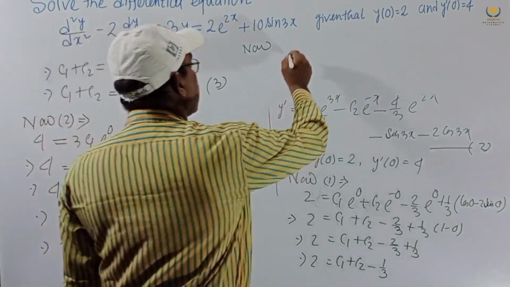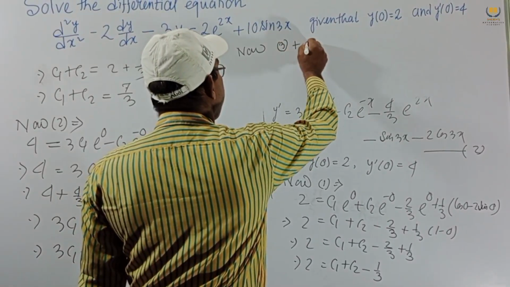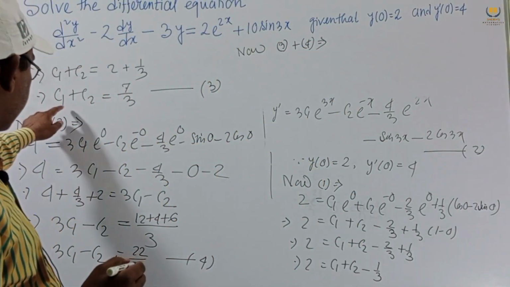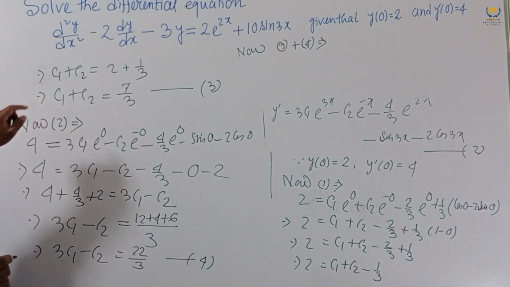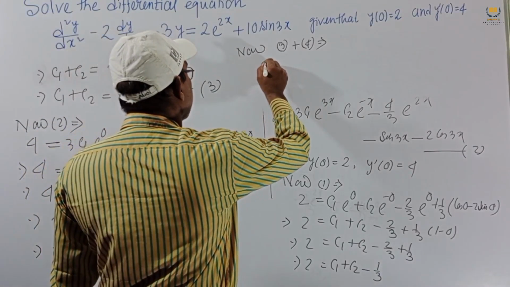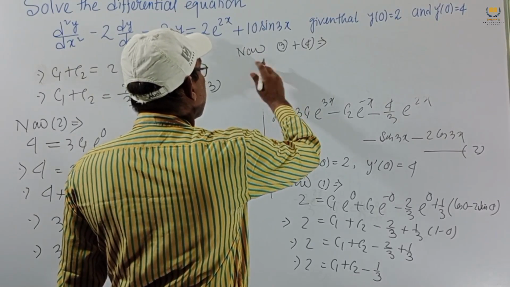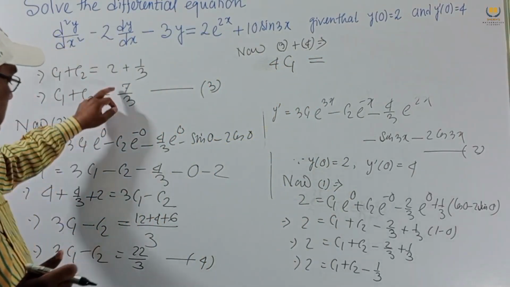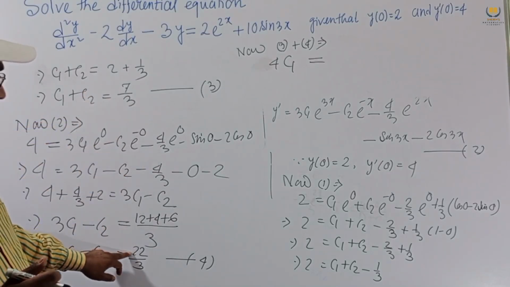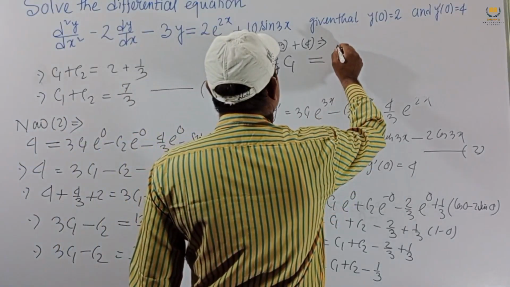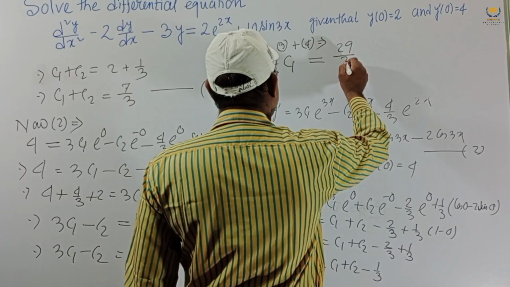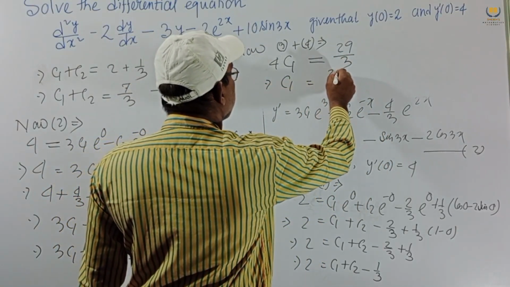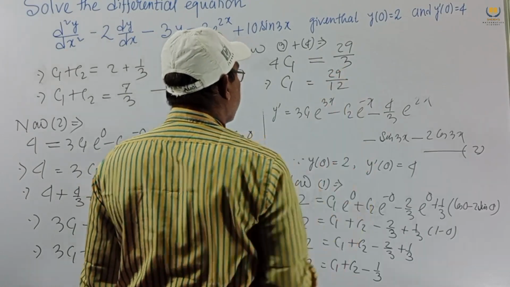Now 3 plus 4, c2 and c2 cancel, 3c1 plus c1 is 4c1, and on the right hand side 7 plus 22, 29/3, and this implies c1 equal to 29/12.